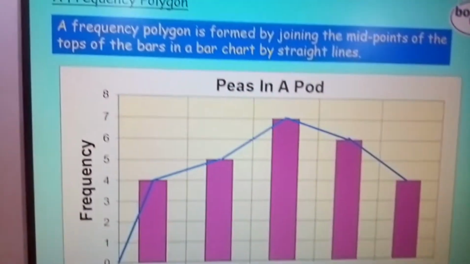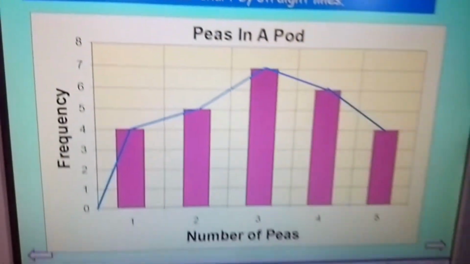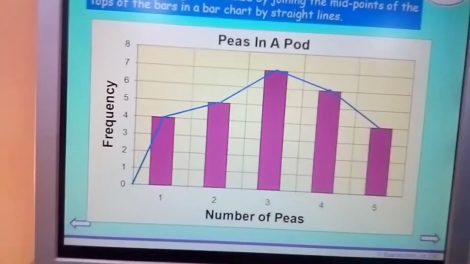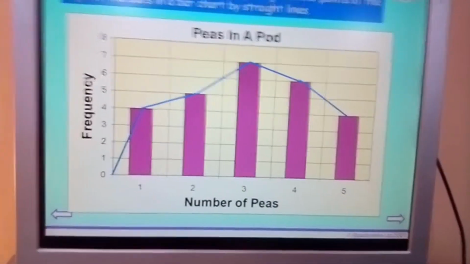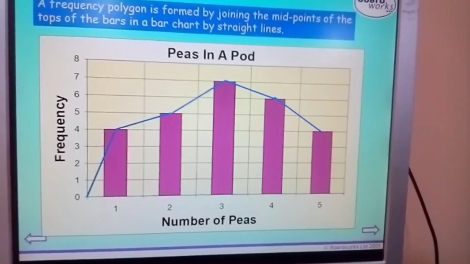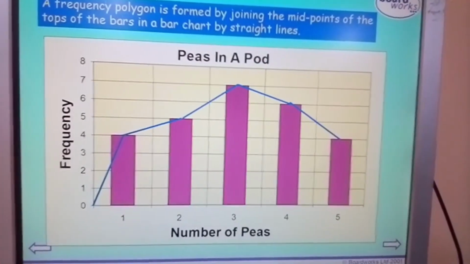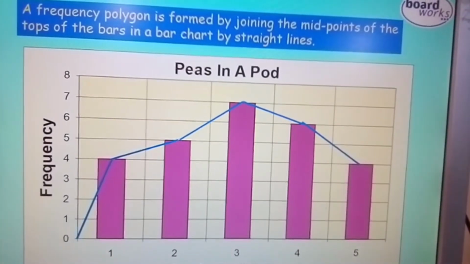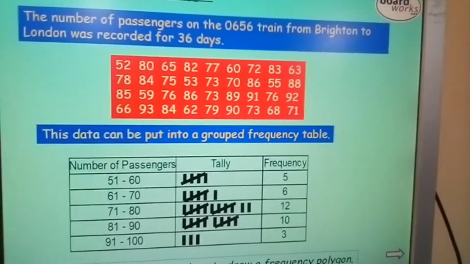Now, to make sure we get that, that's a frequency polygon. Let's just make sure we get that into frame for you in full. Okay, good. Example of frequency polygon.